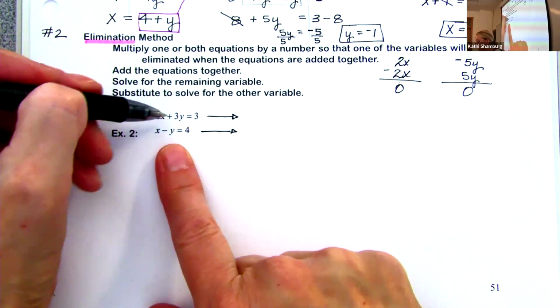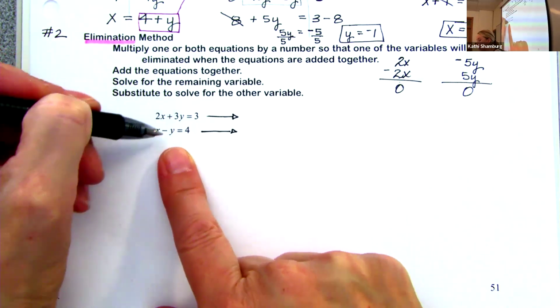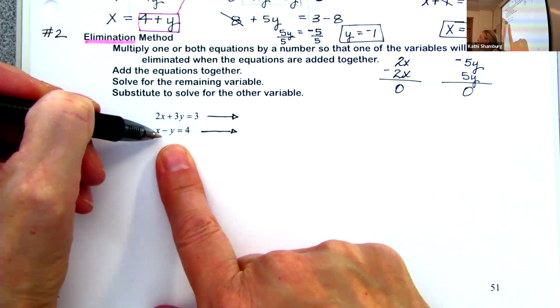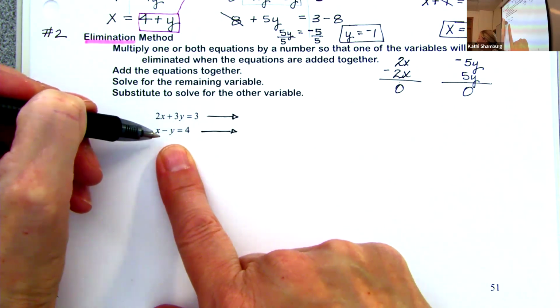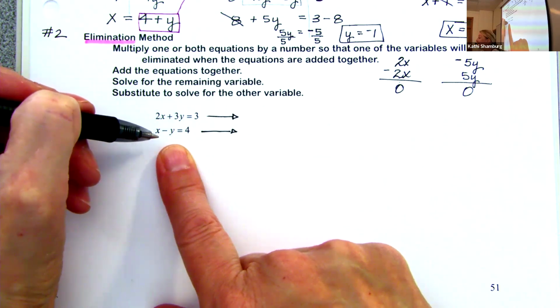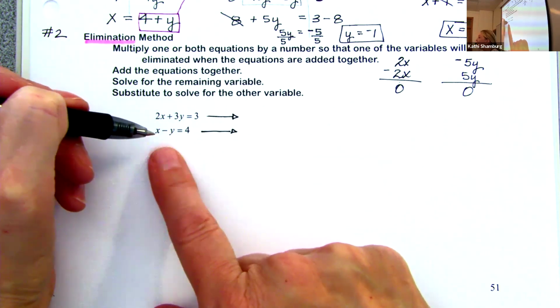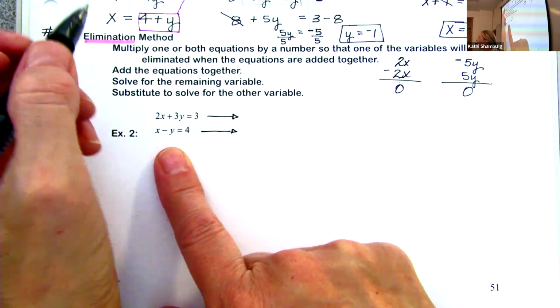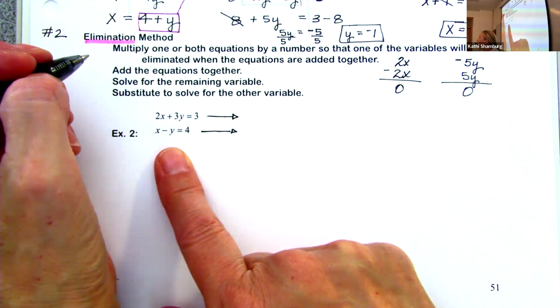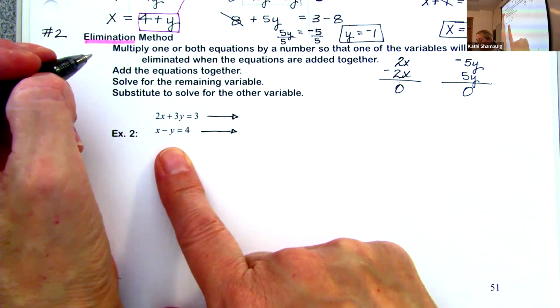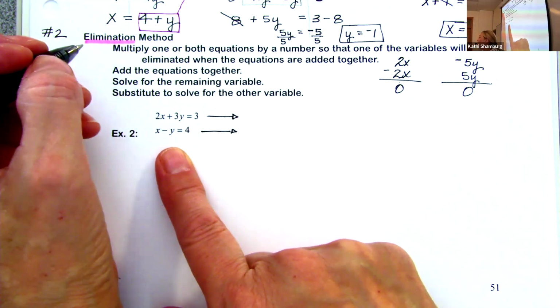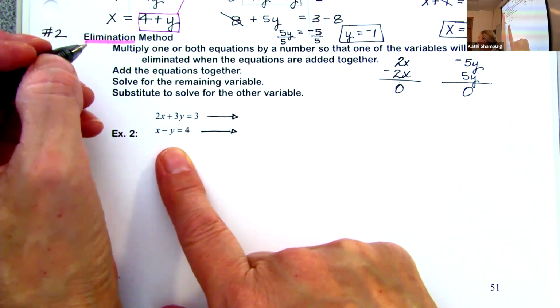So I'm looking at my y's. This is 3y. What would this need to be in order for me to eliminate my y's? Negative 3y, right? Now it's already negative. What would I have to do in order to make it negative 3y? Not add it, because y plus 3 is y plus 3. Multiply, okay?